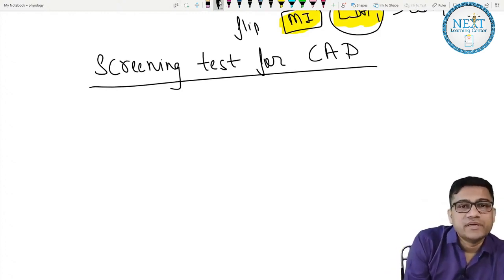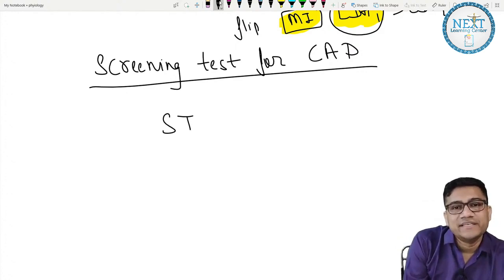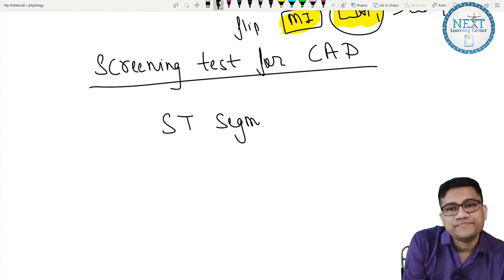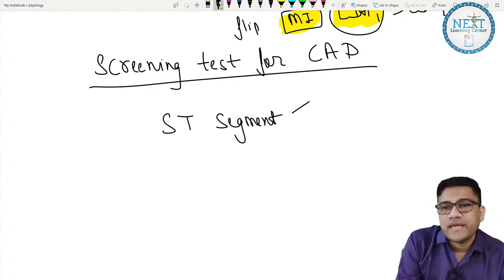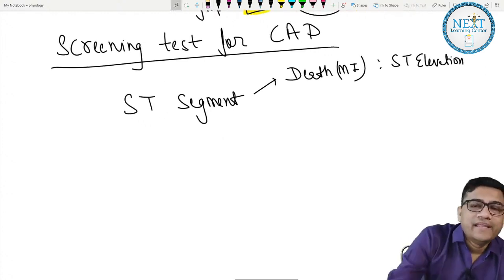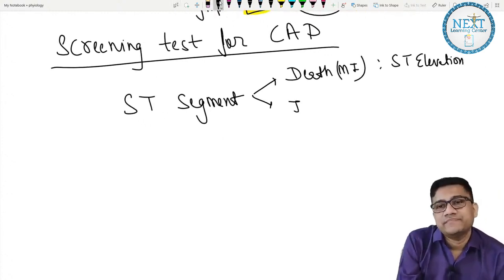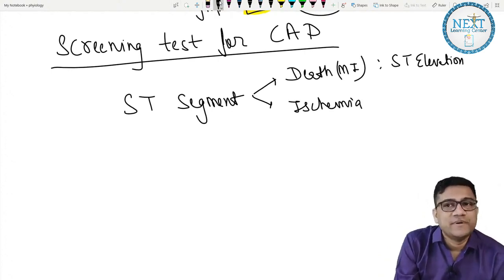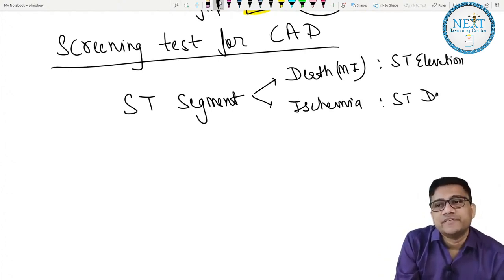There is something called the ST segment. If there is death, that is MI, there is an elevation, ST is elevated. And if there is just ischemia, if there is less blood, there is an ST depression.